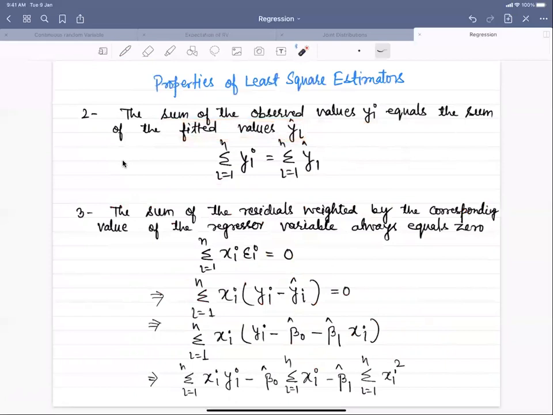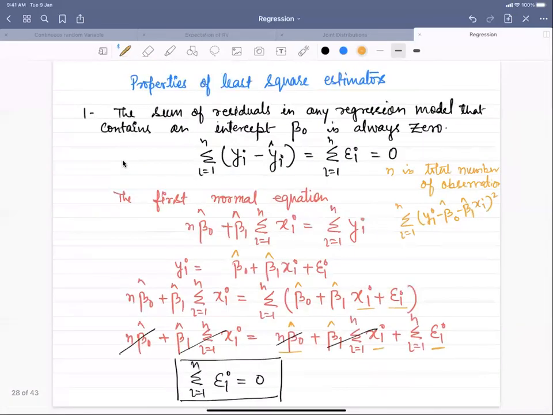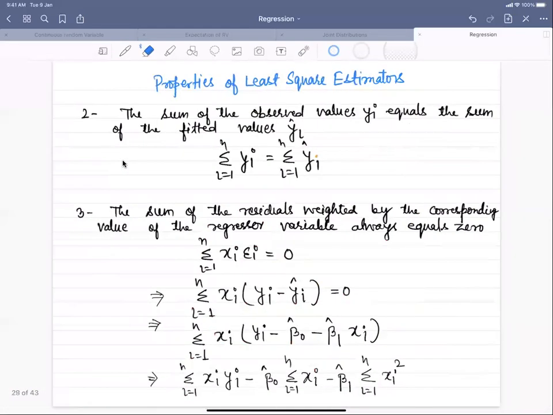That property, if we write it, is essentially summation over i=1 to n yi, that is the sum of the observed values, equals the sum of the fitted values, summation over i=1 to n yi cap. That actually follows from the result which we have just obtained, right? We can clearly see that if it is equal to 0, then we can write it like this.